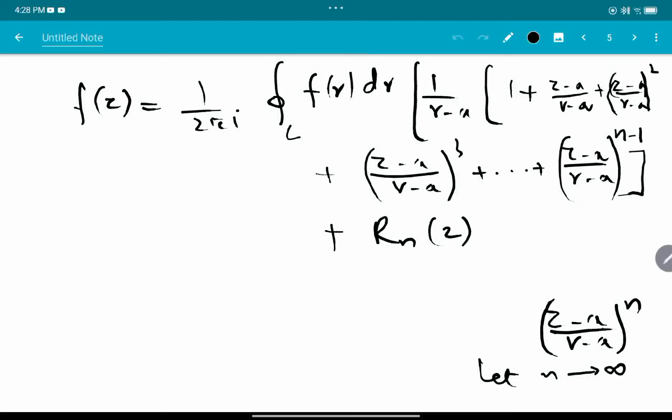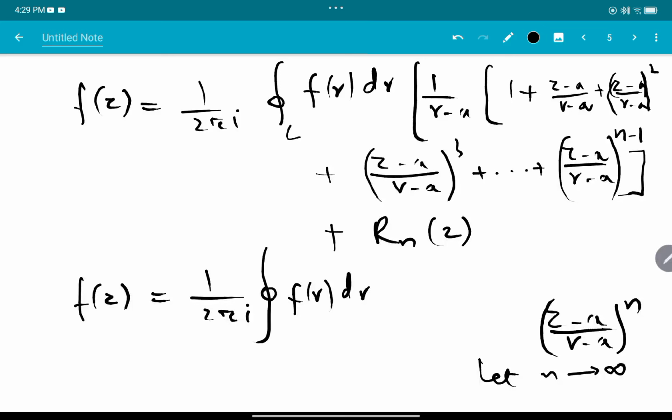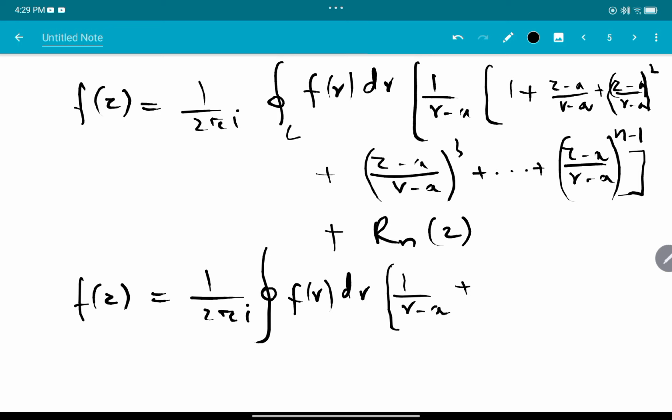Then we have f(z) is equal to 1 by 2 pi i, and we keep the integral of f(gamma) d gamma where it is, then multiply this by this. Inside we have 1 by (gamma minus a), plus this into this, (z minus a) raised to 1 divided by (gamma minus a) squared.